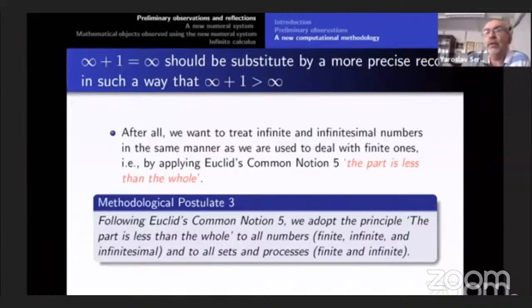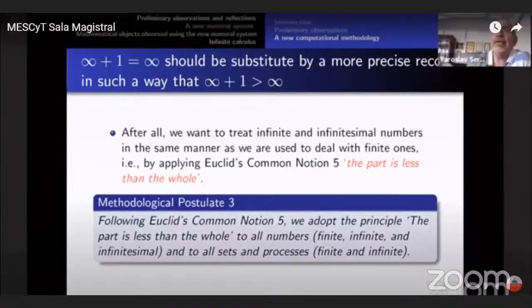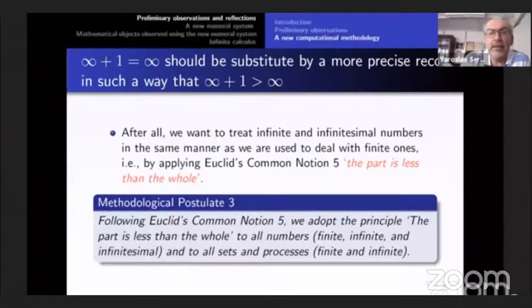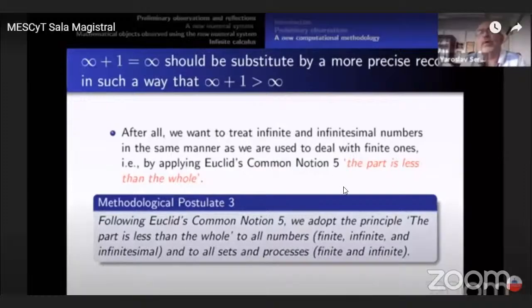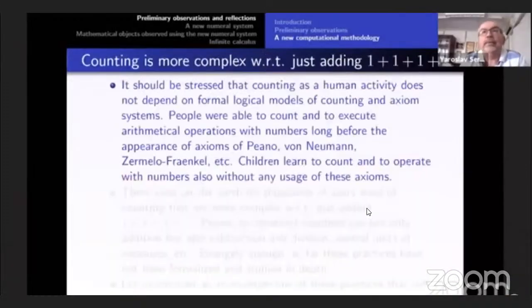They subtract from a given quantity, or they divide a given quantity into its parts. And now I would like to show you a way of counting that has existed on the Earth for thousands of years, but strangely enough, it has not been formalized in mathematics so far. And I will try to convince you that this way of counting is much simpler and much more powerful with respect to the traditional ways of counting.